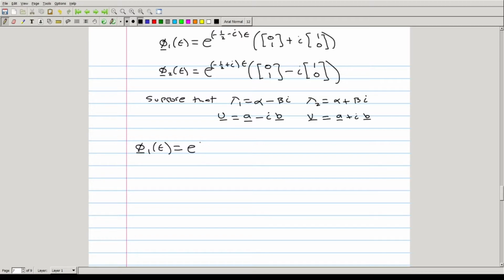We can rewrite it as e to the alpha t times e to the negative i times beta t, times a minus b times i, and likewise phi2 of t is going to be equal to e to the alpha t times e to the i times beta t times a plus b times i.